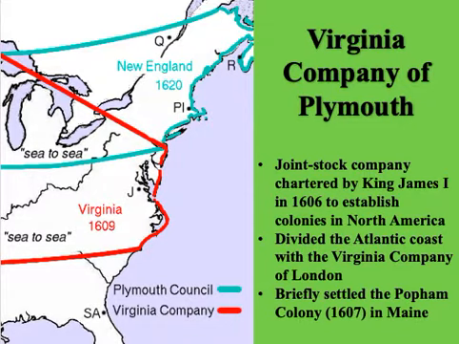The Virginia Company is also involved in the settlement of the second successful and enduring colony in North America for the English, and that is, of course, Plymouth. So, once again, it's the same company, but this is a different division here.